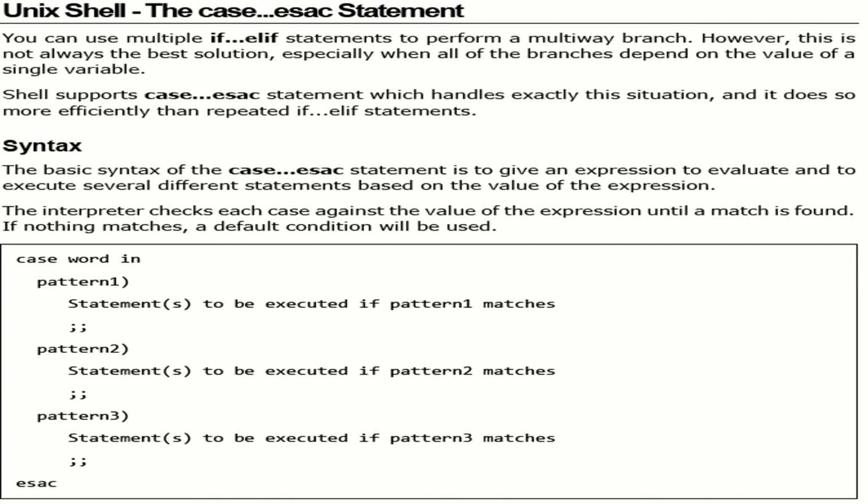If the given word matches pattern 1, the corresponding statement after pattern 1 is executed and the remaining statements are not executed. If pattern 1 is not matched, it moves to pattern 2, checks if it is correct, and only then executes the second echo statement; otherwise it moves on to check pattern 3. Like that it checks n number of patterns in general.